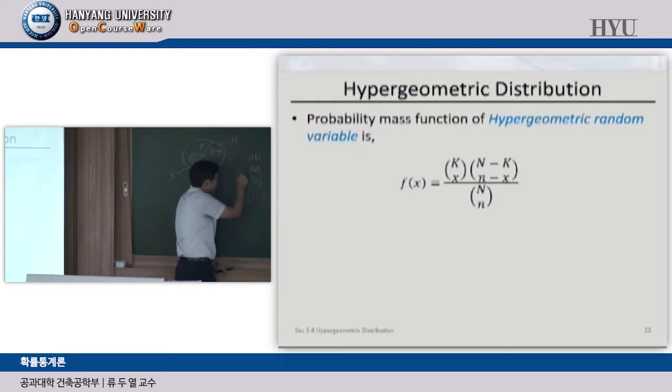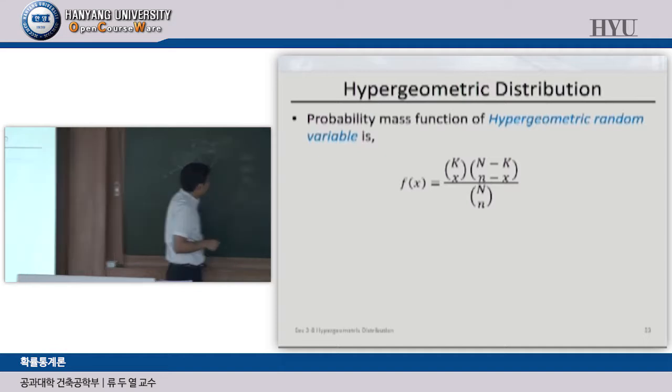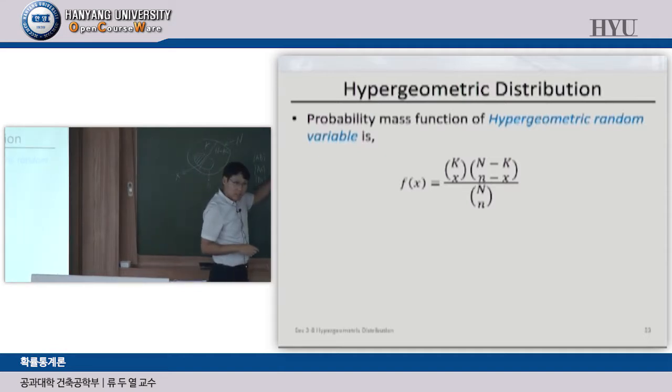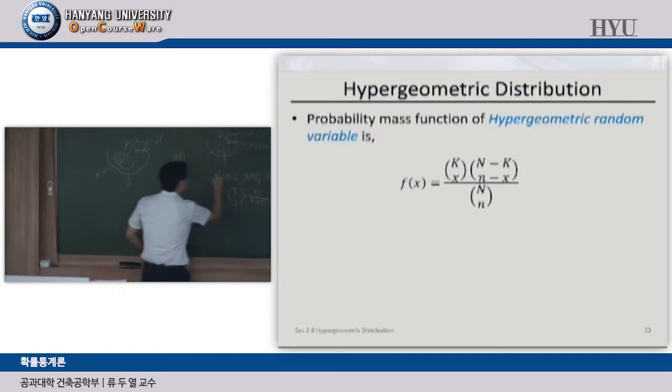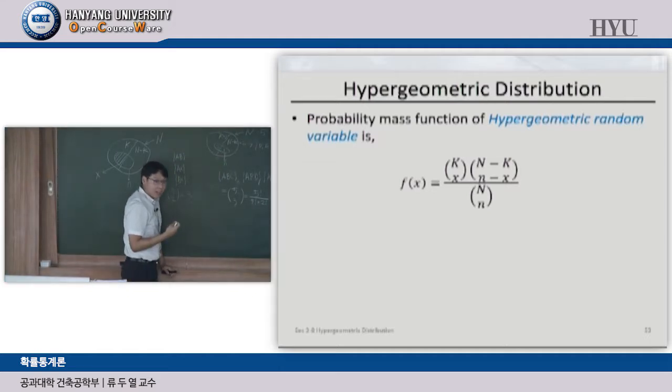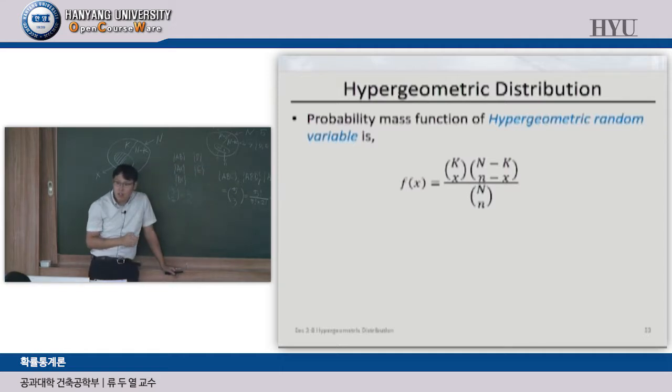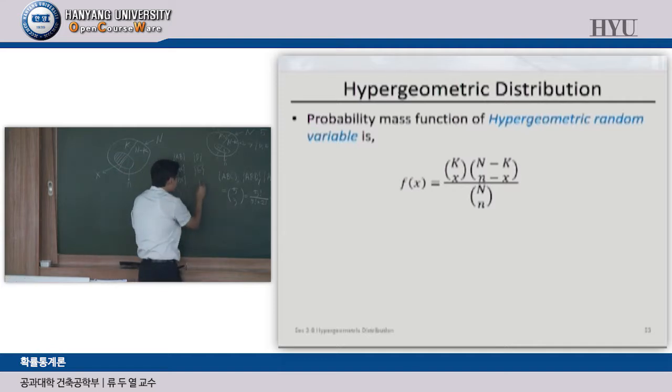And as you can see, we have 3 different samples, right? And what about this case? We can select only one item from the 2 items. That is D and that is E, right? So this will be 2 choose 1.